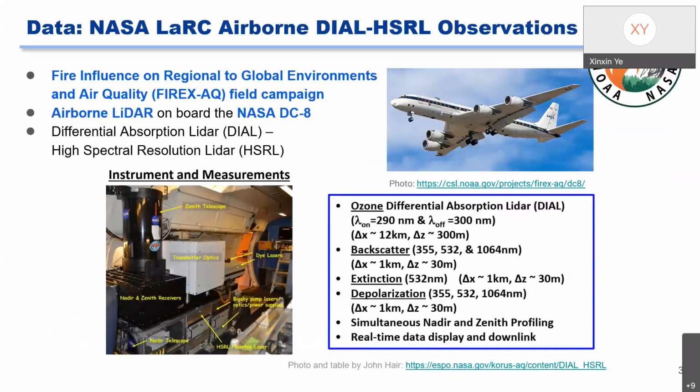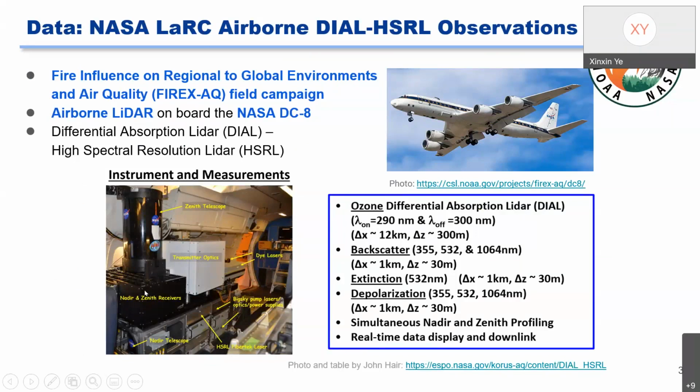The data to be assimilated is collected from the DIAL-HSRL LiDAR system. It is an airborne LiDAR on board the NASA DC-8 aircraft, and the data is collected from the FIREX-AQ field campaign. Here I'm showing a picture of this sensor on the bottom left.